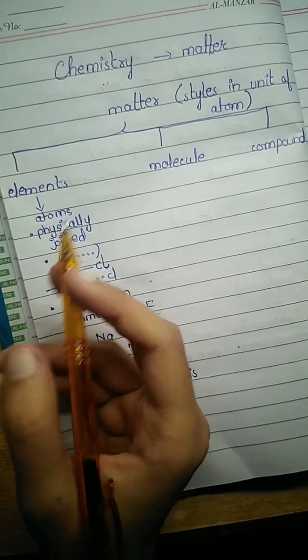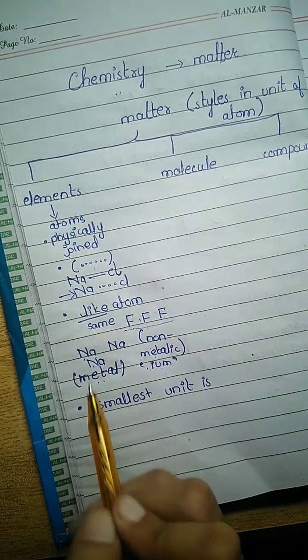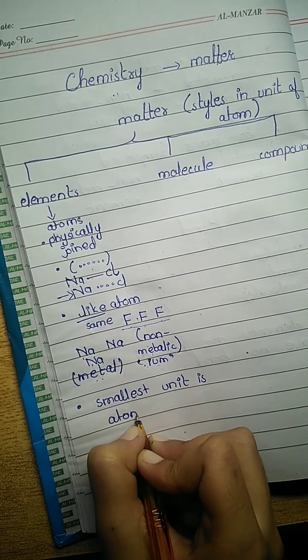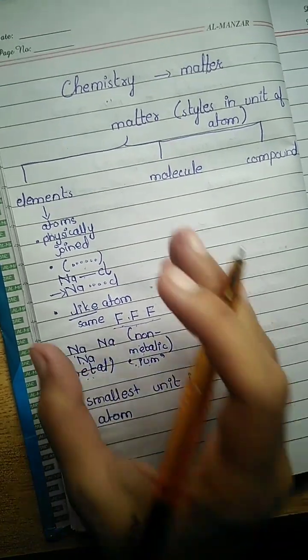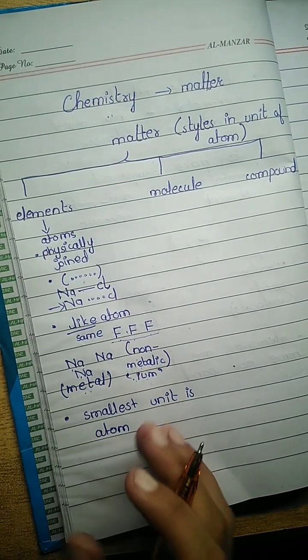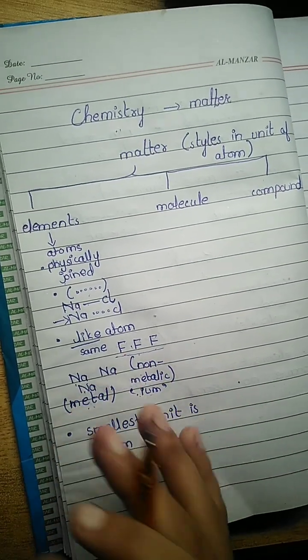As we are talking about atoms, an element is made up of atoms. So the smallest unit will be the atom, because we know that an element does not have any type of bonding. It is just found, it's naturally made.